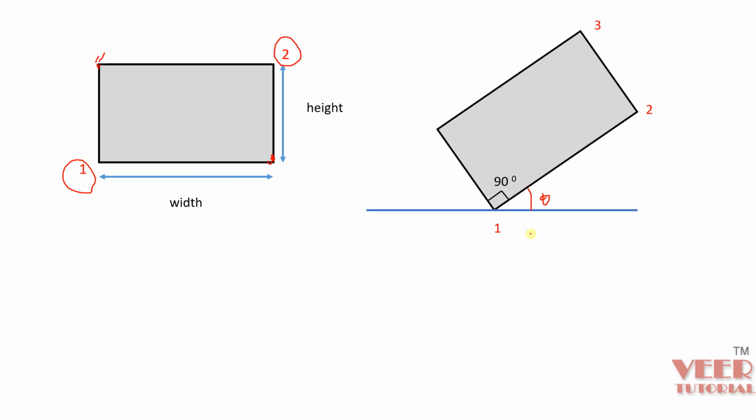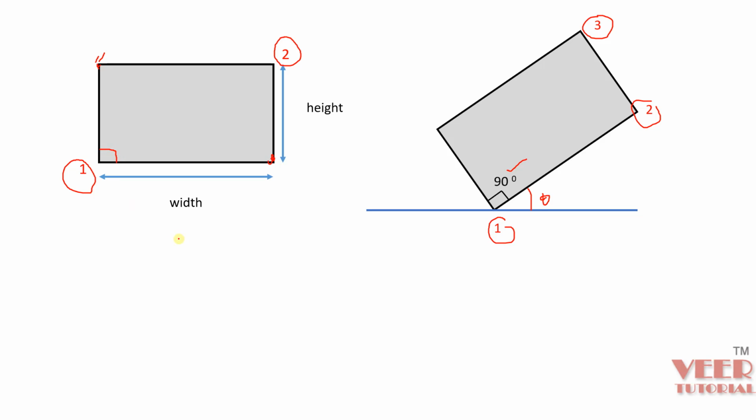This will be my first reference point, this will be second and this will be third. It is going to follow this order. Also the angle between the edges of the rectangle is always 90 degrees. Similarly, in this rectangle, the angle between these edges is always 90 degrees.